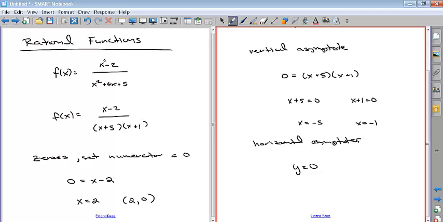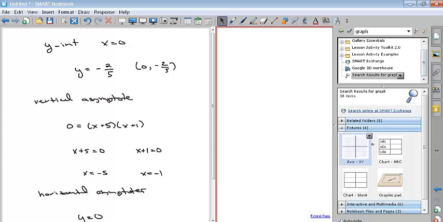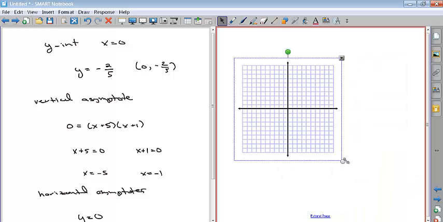Now if this were squared, then they'd both be squared, the highest order term, and so you take the ratio of leading coefficients. And if this one is higher than that, then there is no limit. Then you have a slant asymptote. We won't worry about slant asymptotes for this. Okay, so with that, we should be able to make a plot of this function.